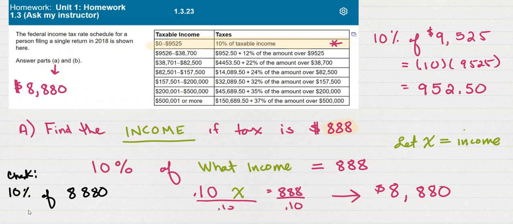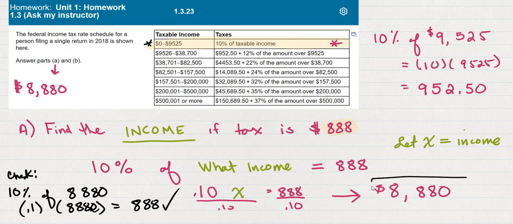That's 0.10 or 0.1 times 8,880. And really all we're doing is moving the decimal one place to the left. So that gives us the 888. So it looks like we're good. So the first part, if the tax is $888, falls in this first row, and we find that that's 10% of $8,880. So there's our answer for part A.